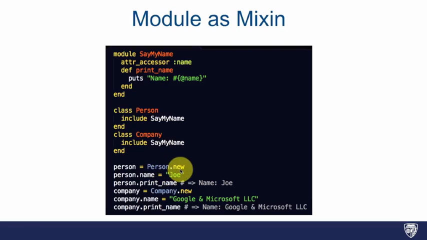So now you could create a person, and then you could set the person name. Wait a second, but the person doesn't have a name method. That's okay, because a module does. So you include the functionality of a module inside the person class. Same thing for a company. You include this functionality in a company.